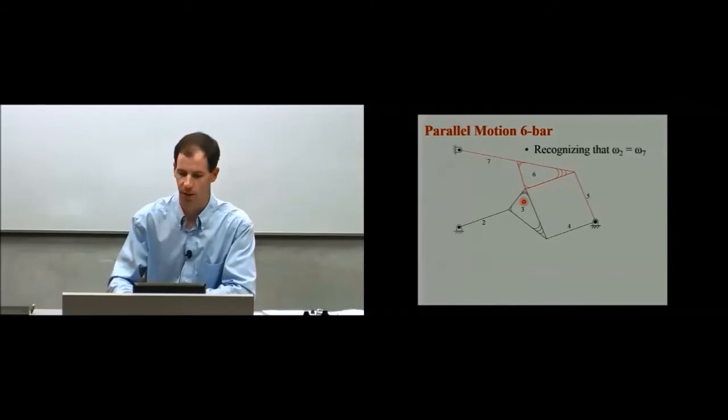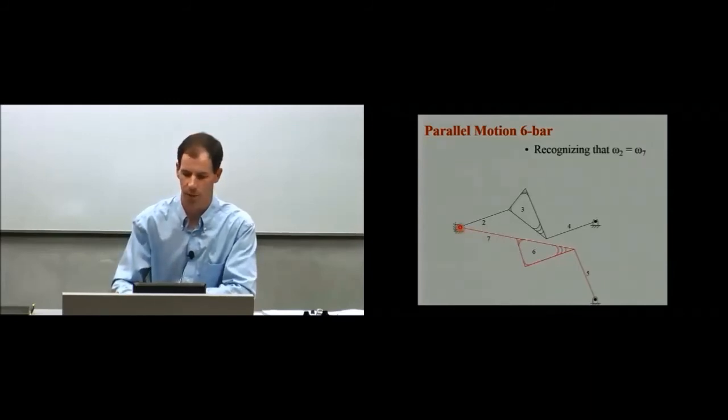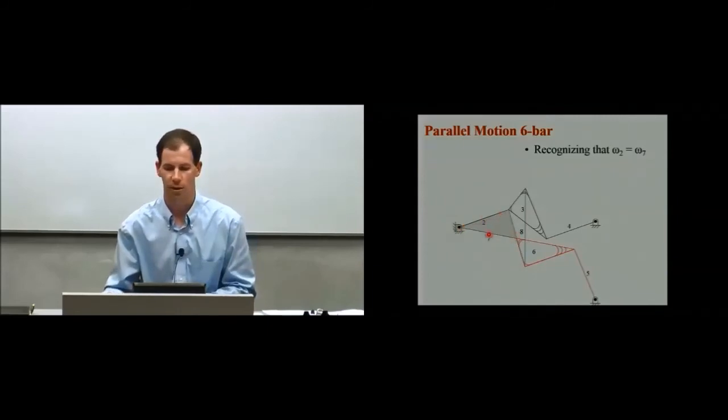So I'm going to take that and I'm going to slide that ground pivot that was associated with link 7, I'm going to slide it down to be coincident with link 2. So that these two will share the same ground pivot, and then I'm going to rigidly connect link 2 and link 7 so that they rotate together, so it now becomes a ternary link.